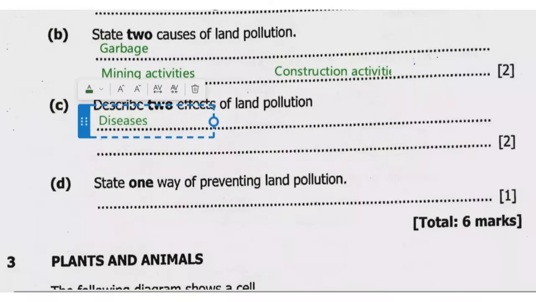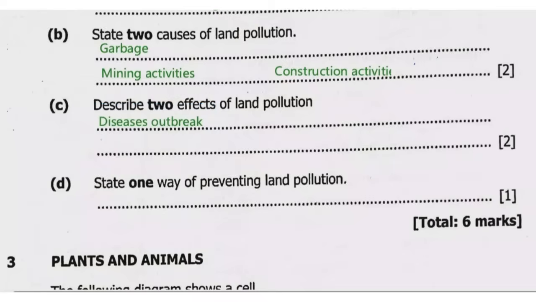Let me talk about cholera. Cholera is a disease that is caused by water pollution most of the time. And water is polluted, sometimes, from land being polluted.